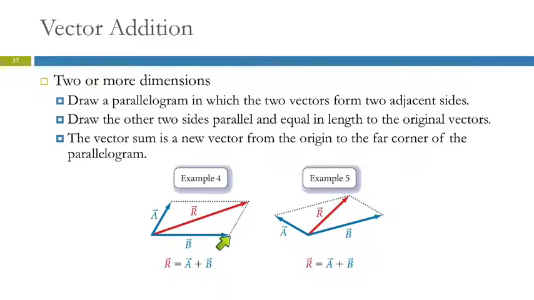From the end of vector B, you're going to draw a line that's parallel with the first vector. The sum of those vectors is from the origin of these two to the opposite corner of the parallelogram. And here we're doing it with another example. Any questions?